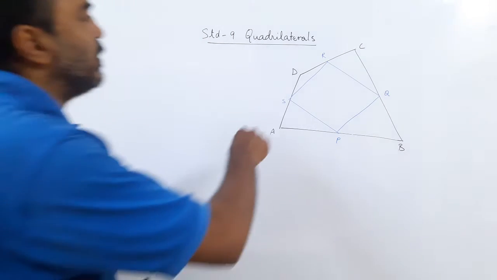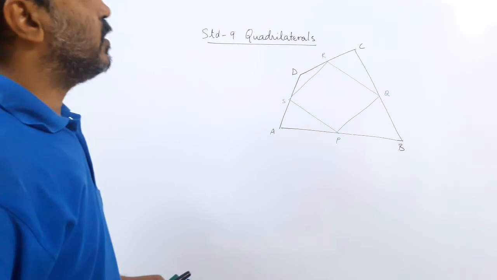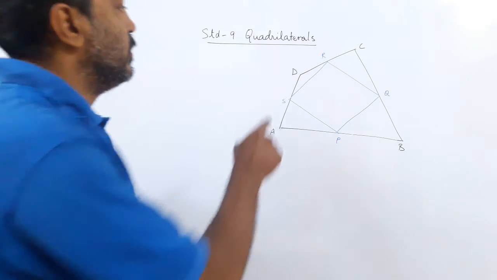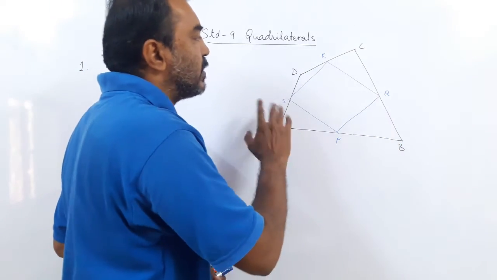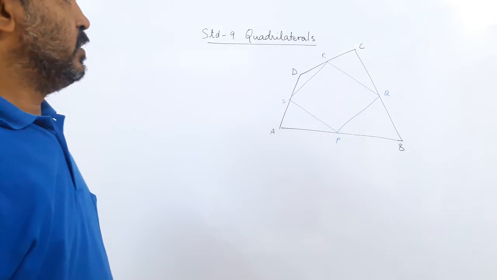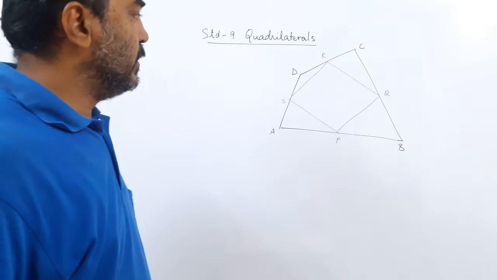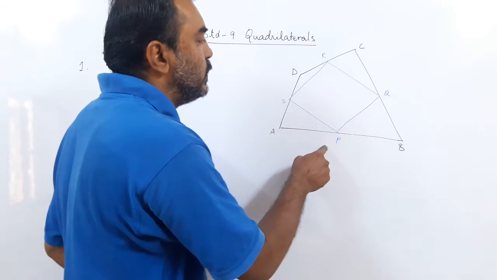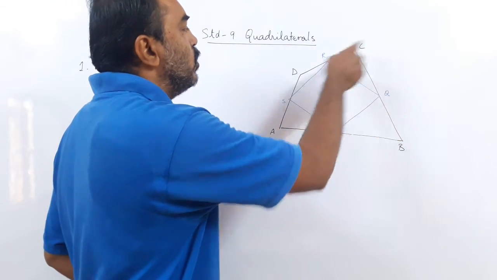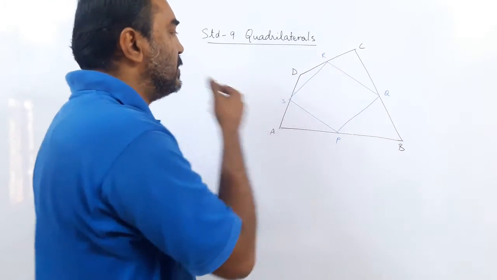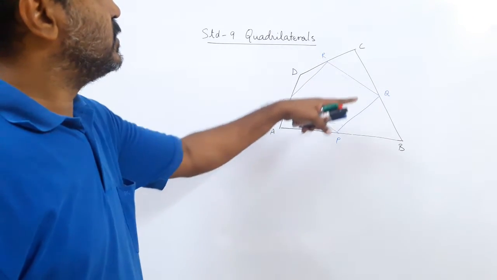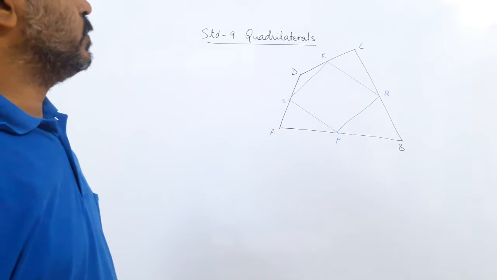We are given a quadrilateral ABCD. Now quadrilateral has no property except the angle sum property. The four angles of a quadrilateral add up to 360, that's it. But I have taken a quadrilateral ABCD and the midpoints of all the four sides. So midpoint of AB is P, of BC is Q, of CD is R, of AD is S. We have to prove PQRS is a parallelogram.